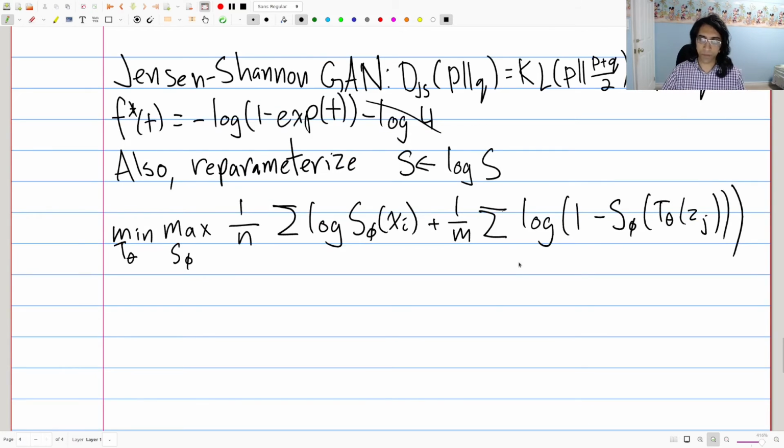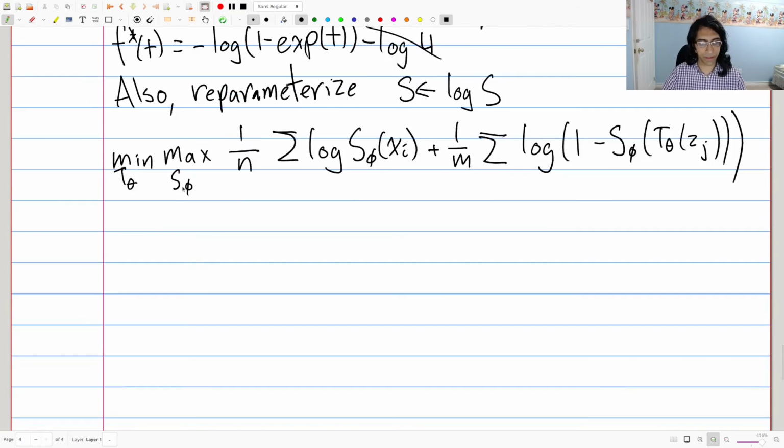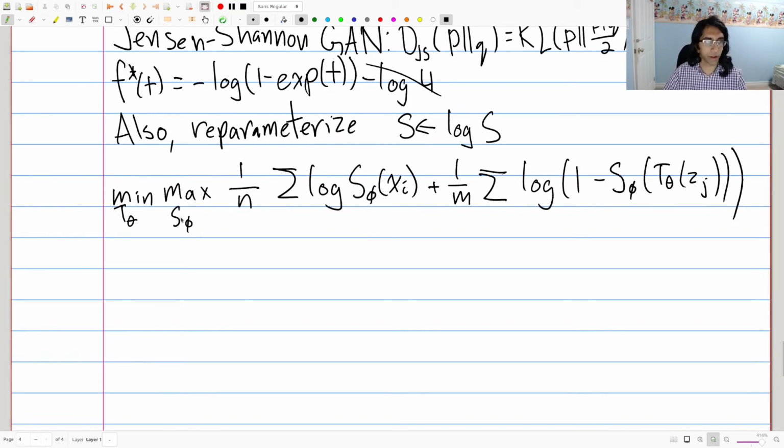Okay, so this is probably what you most often see as the GAN loss function. And let's parse through this and see if we can interpret it a little bit, and see how it really corresponds to this intuitive description which I gave you towards the beginning of this lecture.